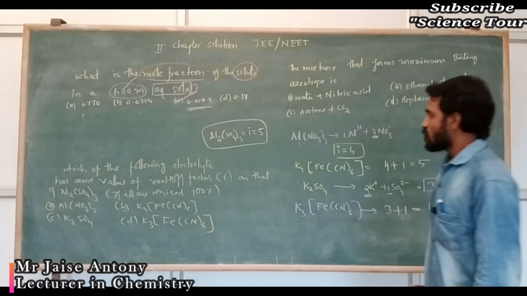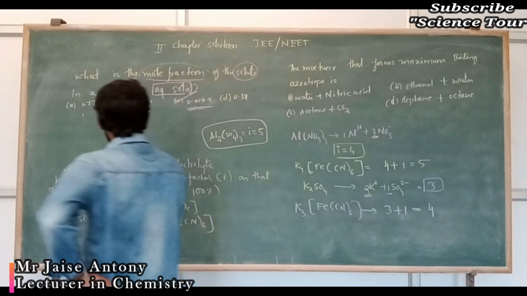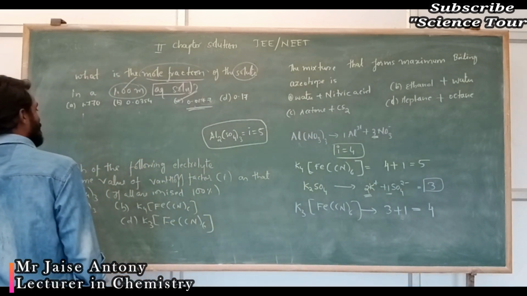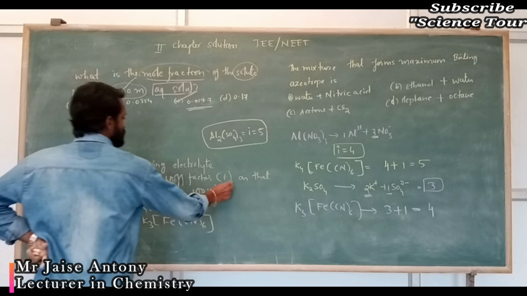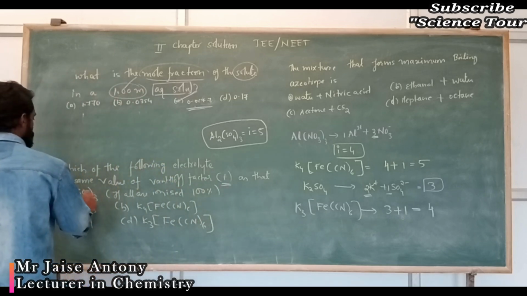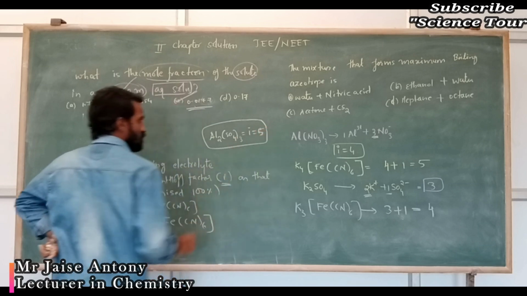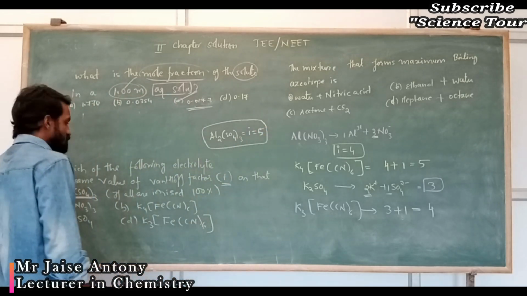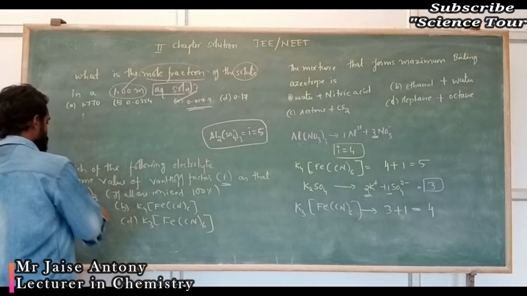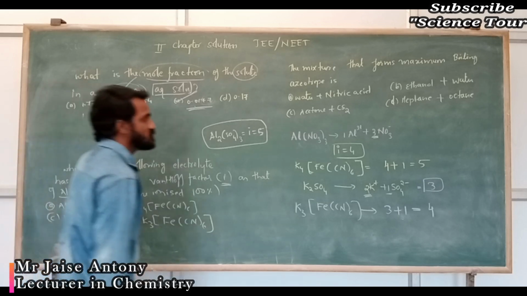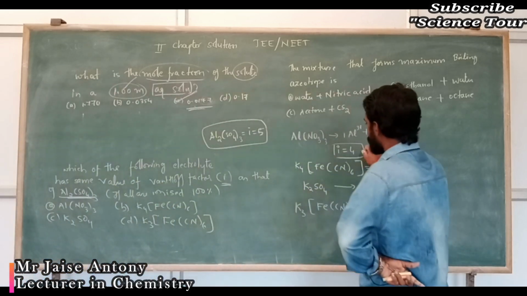So what they asked in the question, which of the following electrolytes has the same Van't Hoff factor as aluminum sulfate? That means aluminum sulfate has Van't Hoff factor 5, so which one has the same value? You check. Aluminum nitrate is 4, it is not matching.